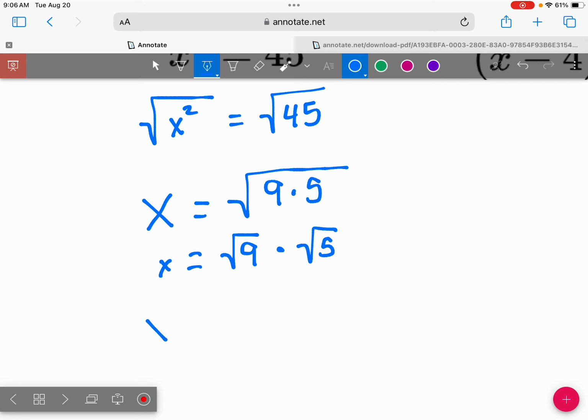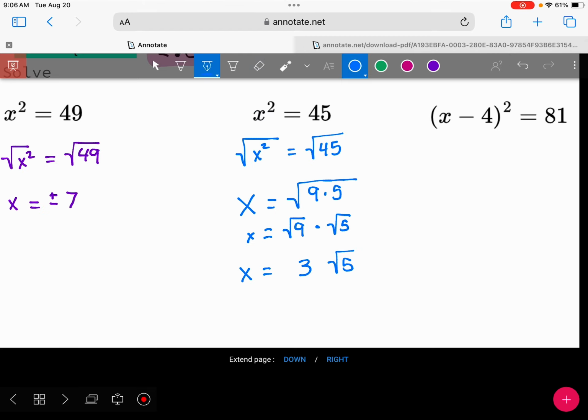What is the square root of 9? 3 times the square root of 5, or 3 square root of 5. However, remember we have our two options of solutions. So this was plus or minus 7. So this is plus or minus 3 square root of 5. Just put it in the front. Plus or minus 3 times the square root of 5.